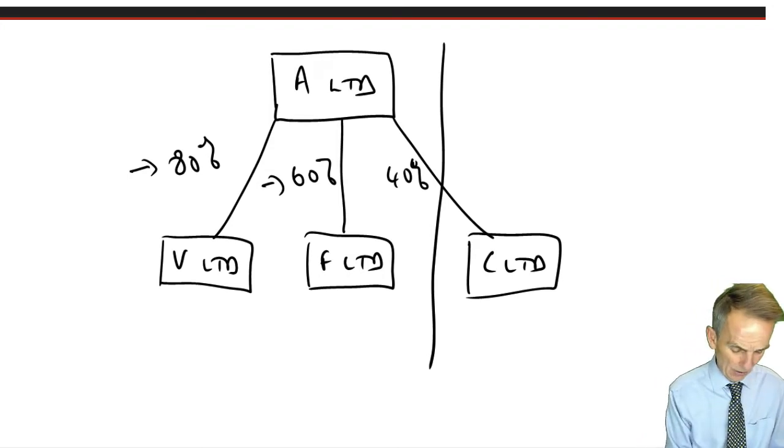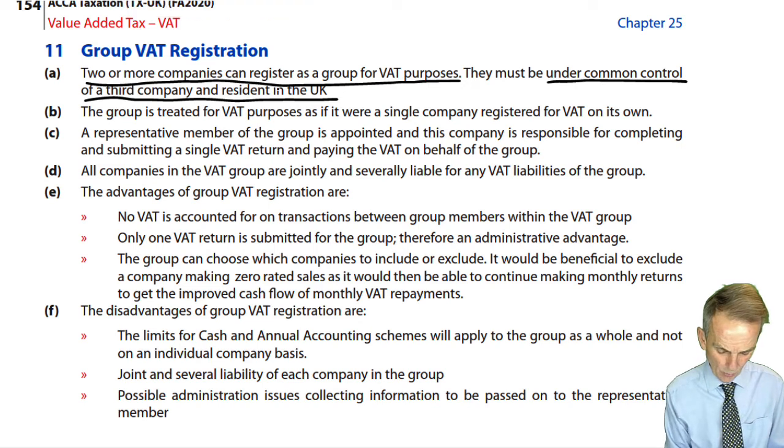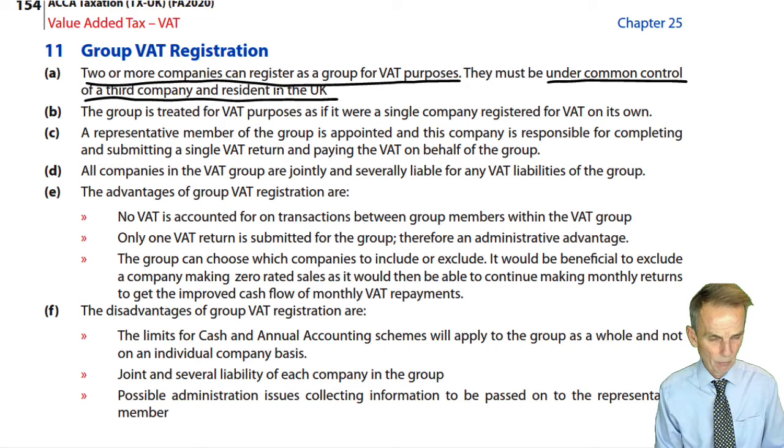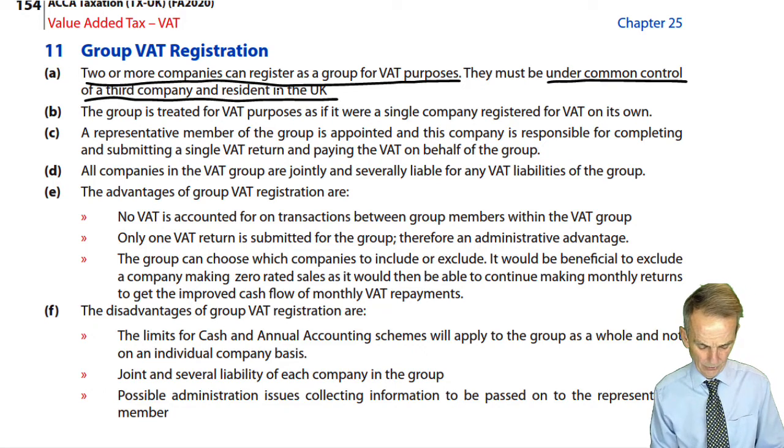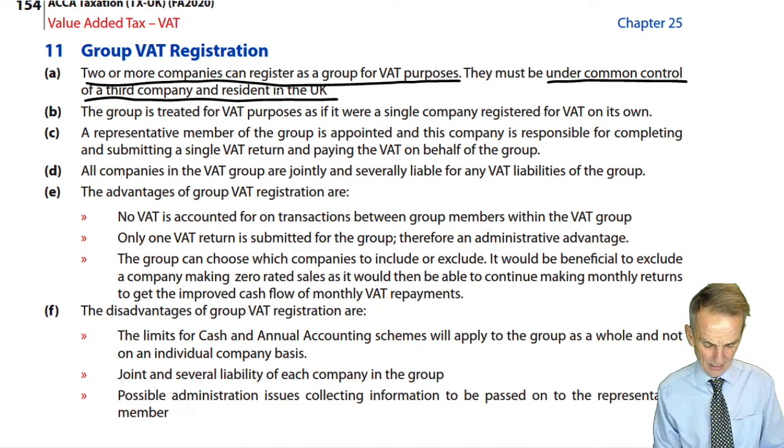So returning to our notes, two or more companies can indeed register as a group for VAT purposes. They must be under common control of a third company and resident in the UK. Now, that's what we've seen in terms of the usual group dealing with companies.